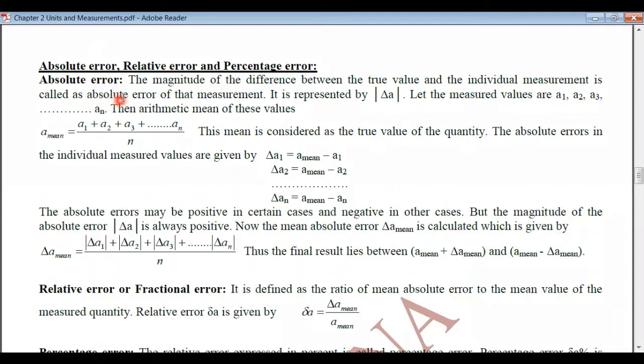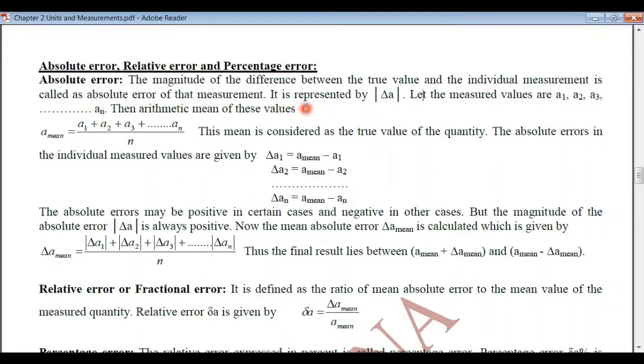The first one is absolute error. It is the magnitude of the difference between the true value and the individual measurement. And it is represented by delta A. This triangle is the symbol delta. Now let the measured values be taken n number of times, and the measured values be A1, A2, A3 and so on up to An.